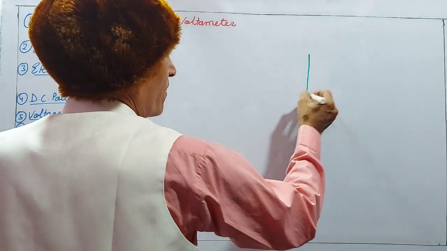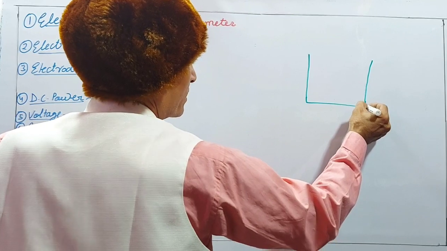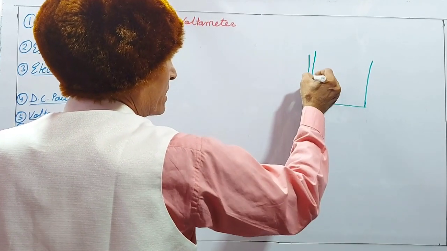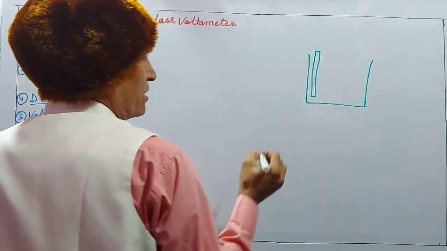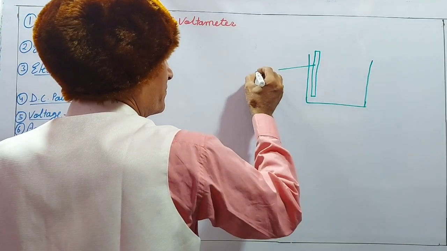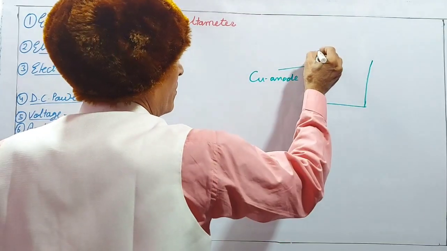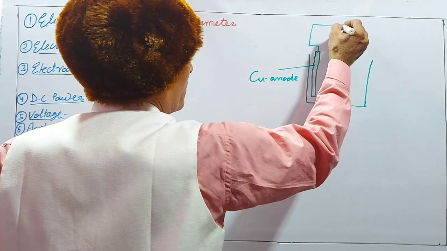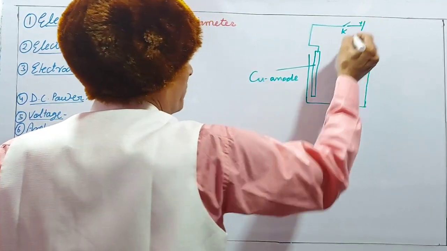Here I want to show one diagram. This is a glass vessel. In this glass vessel, this is a copper anode, which is connected to a key and the positive terminal of the battery.